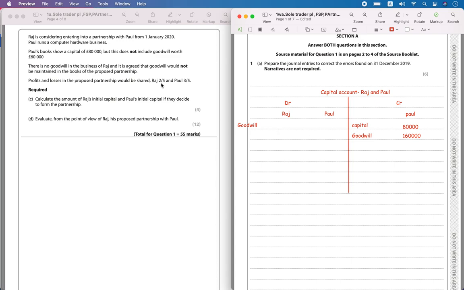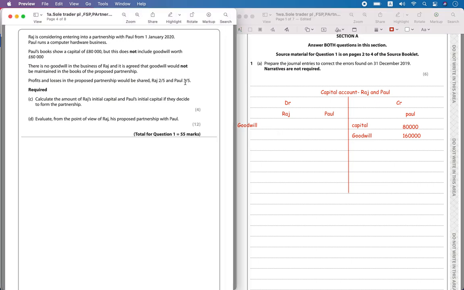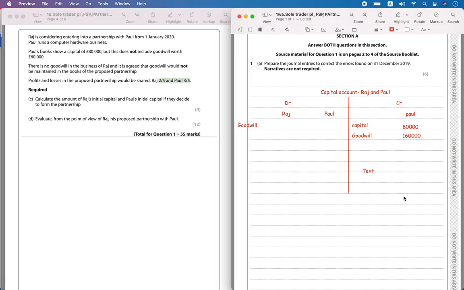When I remove the goodwill, I will remove it in the ratio of 2/5 and 3/5. So how will 2/5 of 60,000, not 160, it is 60,000.